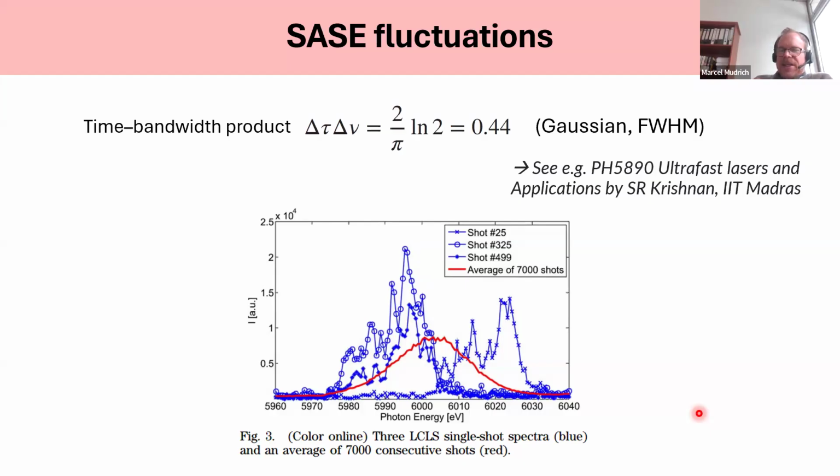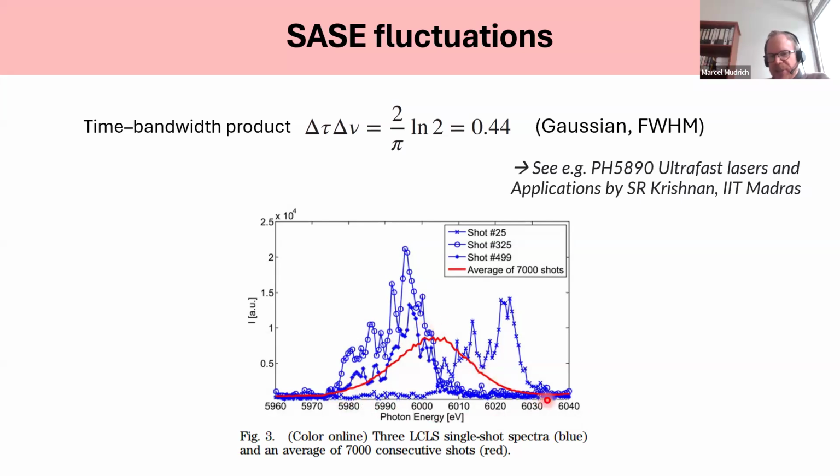And just as a general consideration, if we assume now that in principle the gain spectrum or the spectral range, so the photon energy range, coming back to LCLS, which is this X-ray laser. So here we really have X-rays in the range of 6 kilo electron volts. Now, averaging over all these pulses, we get this red spectrum, and assuming this is essentially the range of photon energies where we can get amplification, right?